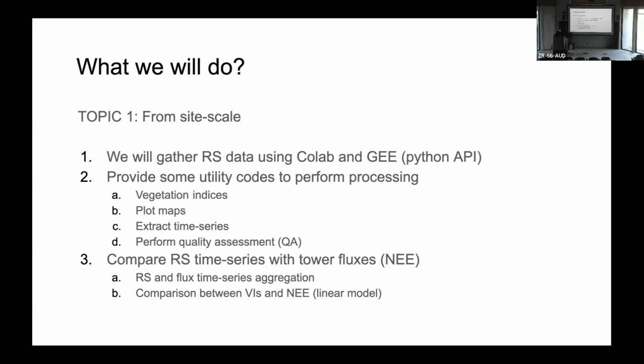Specifically, we have one site for the NEON, and the other part will basically show you how to aggregate the remote sensing and flux time series together. And after that, we will look at how to compare the vegetation index and the flux. In this case, we select NEE as an example.